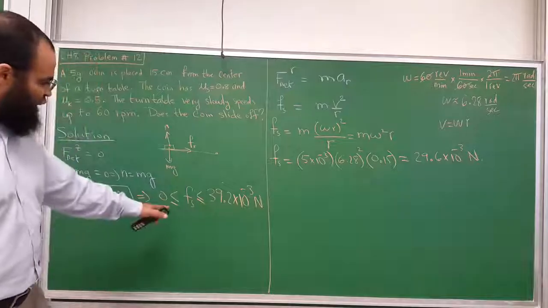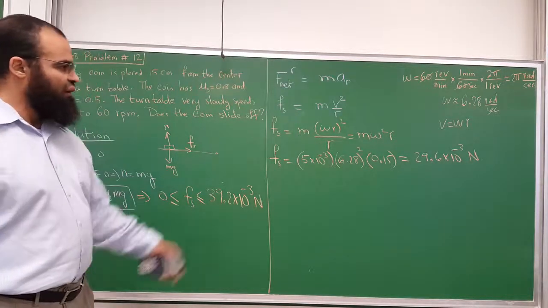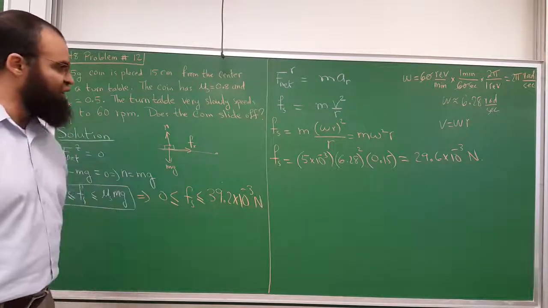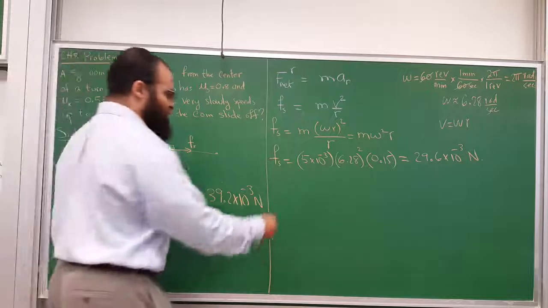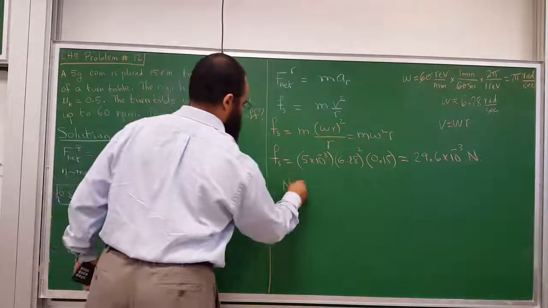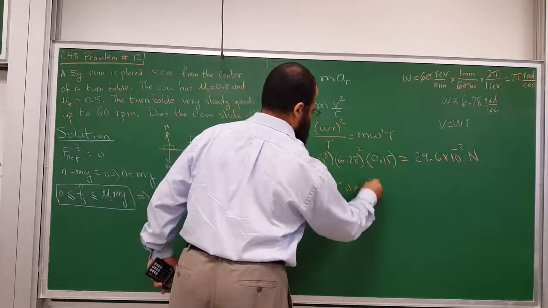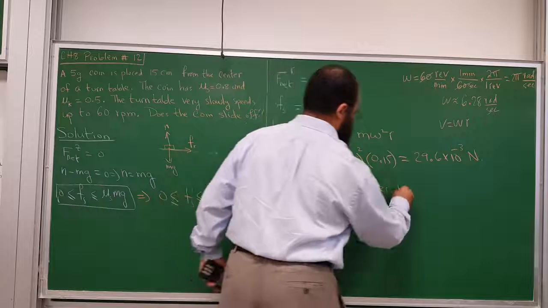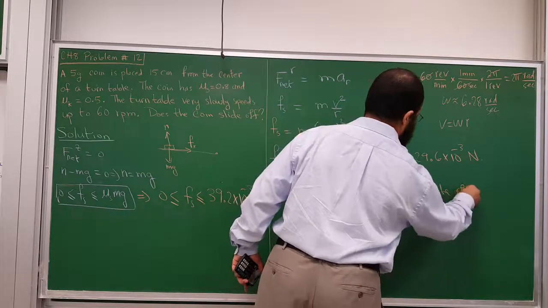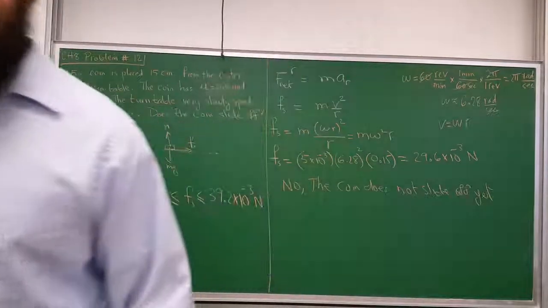So the force of static friction can supply you up to 39 times 10 to the minus 3. Here you need 29 times 10 to the minus 3. So it's within the range, so it didn't slide off. Does the coin slide off? The answer is no. The coin does not slide off yet.